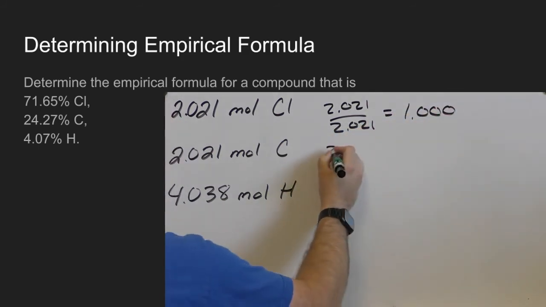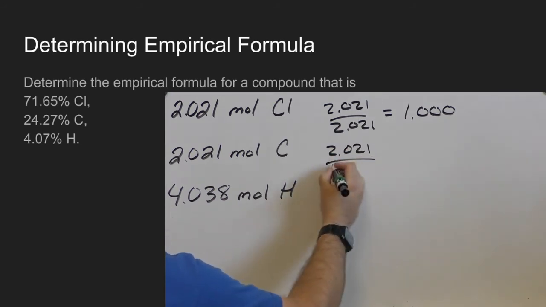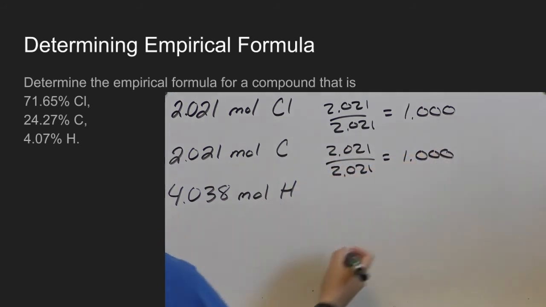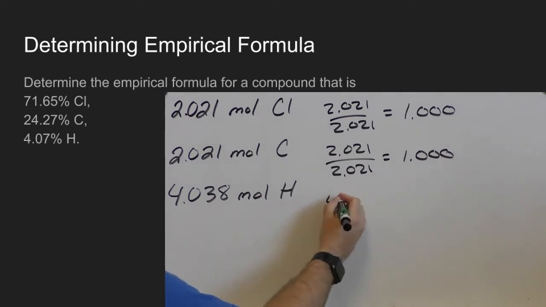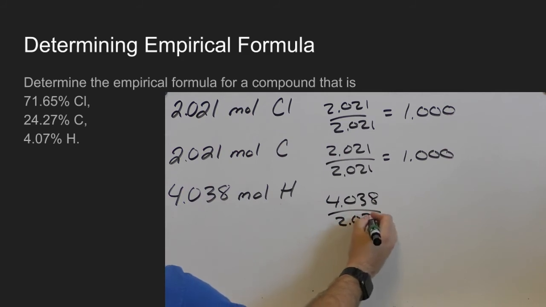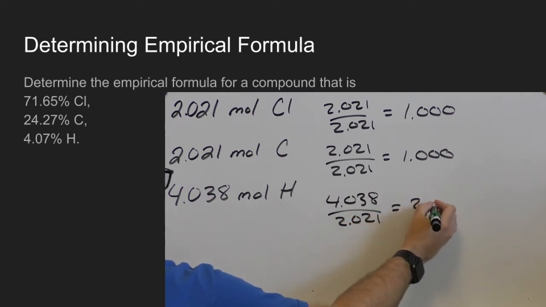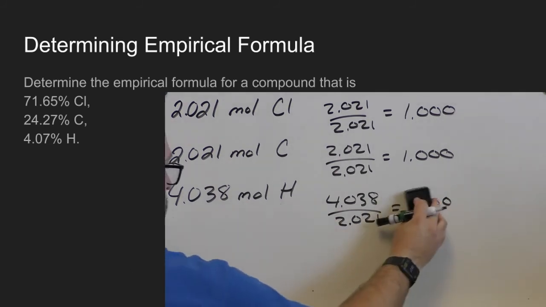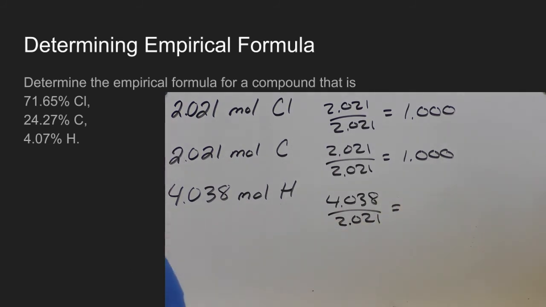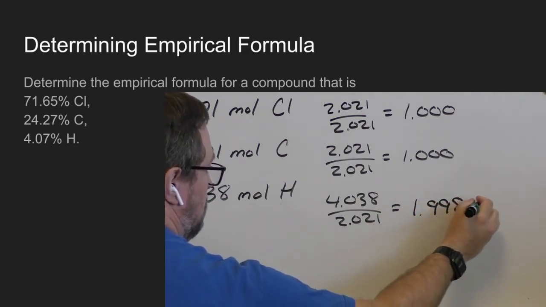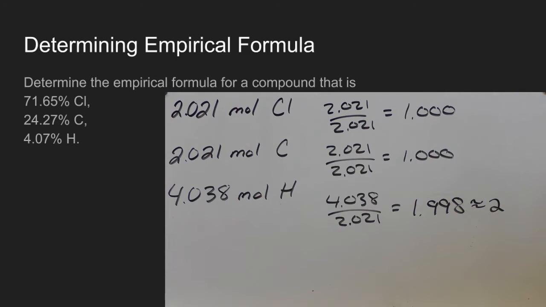So we'll divide 2.021 by 2.021, and we'll do that twice. And we see that we get 1 to 1 being the ratio. And then 4.038 divided by 2.021 is going to be about 2. So that means that these elements in the compound have a 1 to 2 mole ratio.